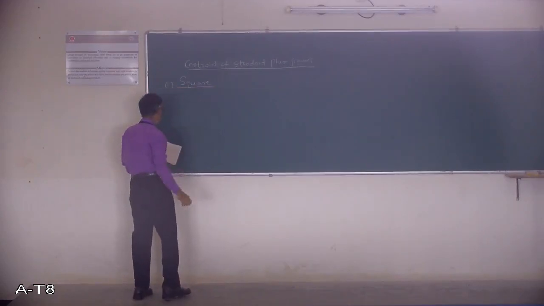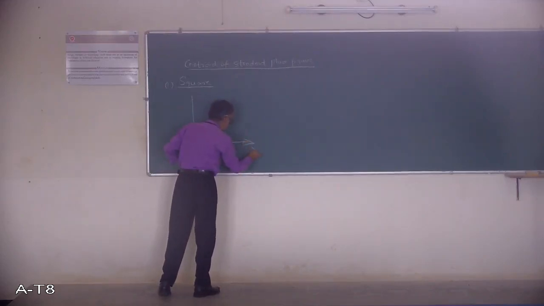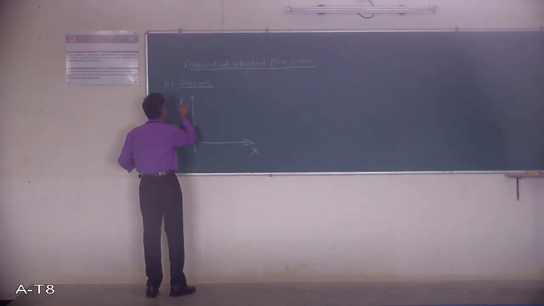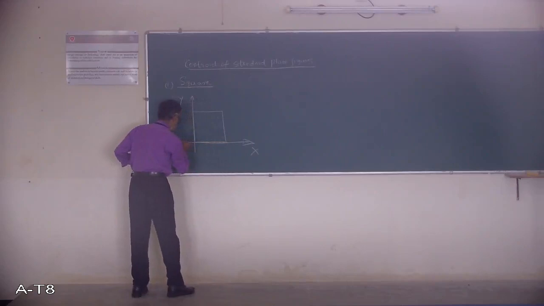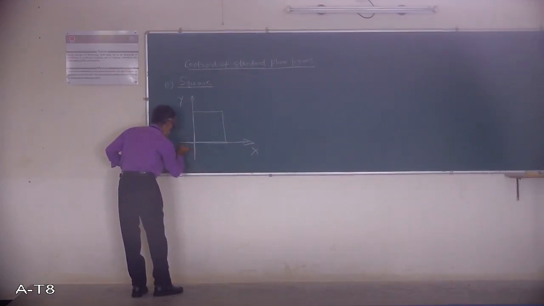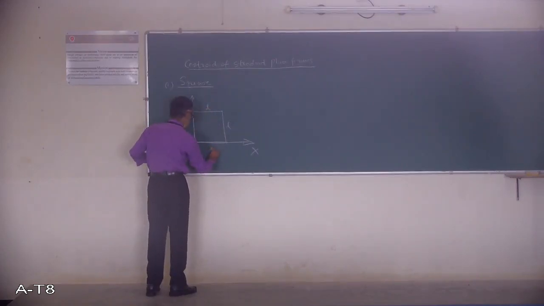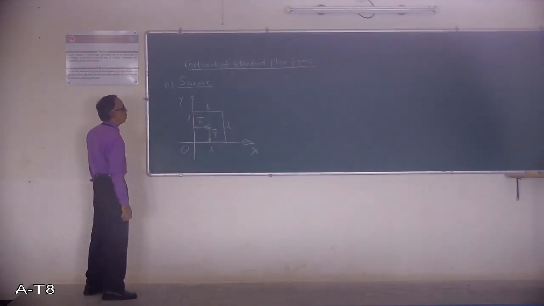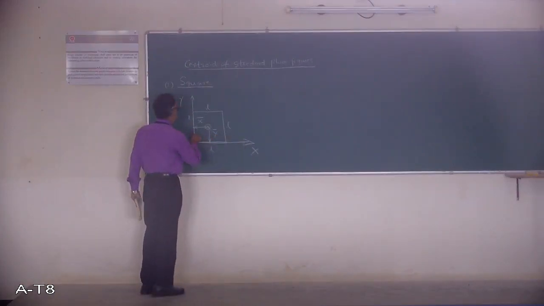First one I write a square. I draw the square of dimension length L. I have shown the origin, x-axis, and this is y-axis.